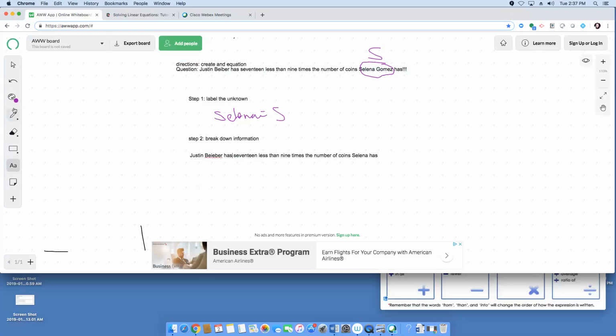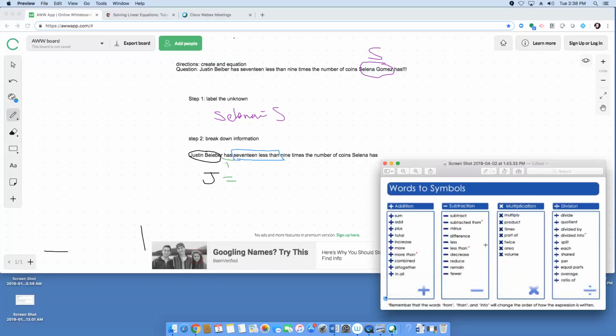Okay, so we're going to break this down. Justin Bieber, which we'll say is J, and then we have a has, which we're going to say is equals, and then 17 less than. That's all we're going to deal with right now.